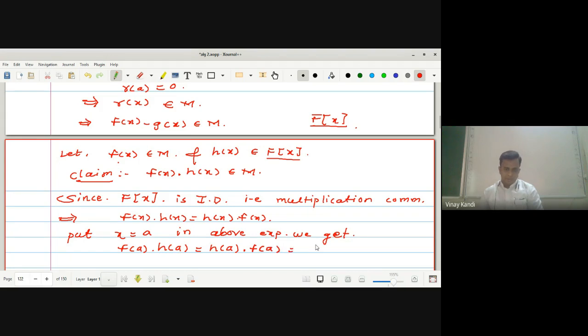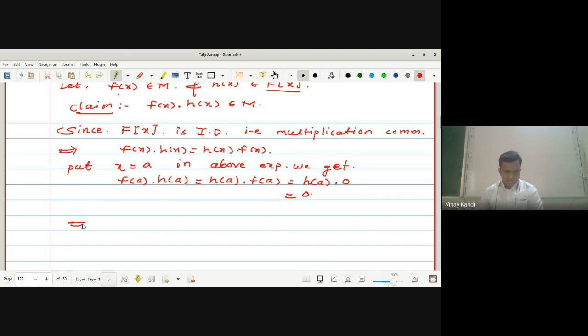Since f of a is 0, h of a is whatever, the product is 0. So this implies f of a into h of a is equal to 0, which is equal to h of a into f of a.